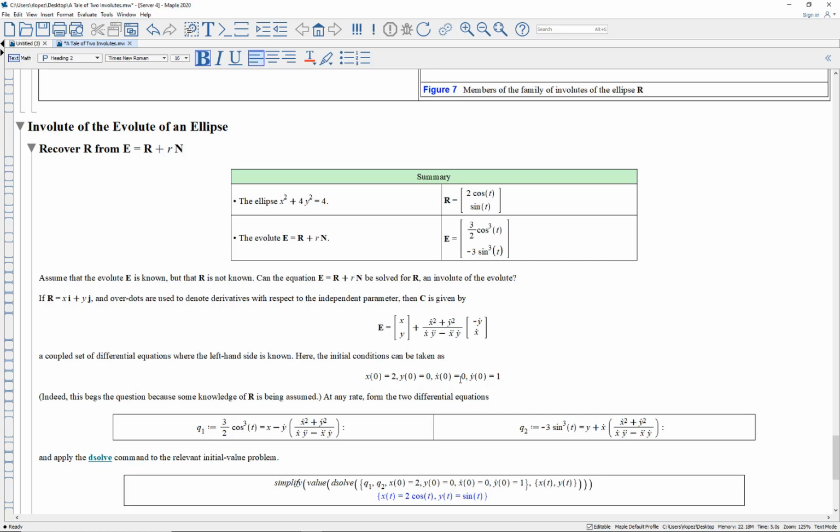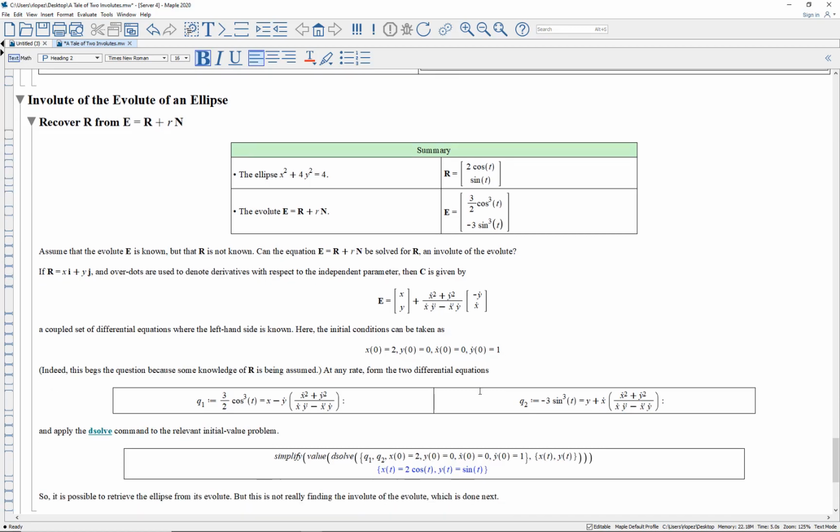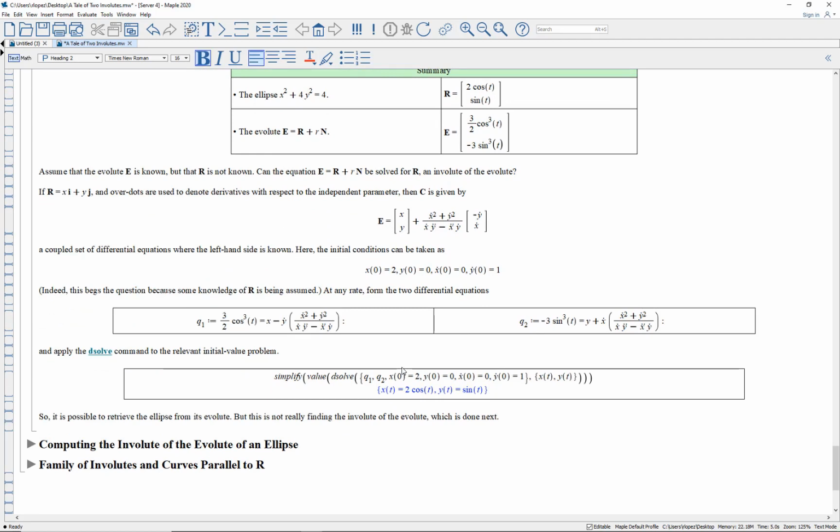Well, I use as initial conditions the ones that correspond to the ellipse. So a little bit of cheating there going on. I just want to see if this would work. So you get two differential equations, one for each component. Here's one, here's the other. Toss them in DSolve along with these initial conditions, and I did get back 2 cos t sine t.